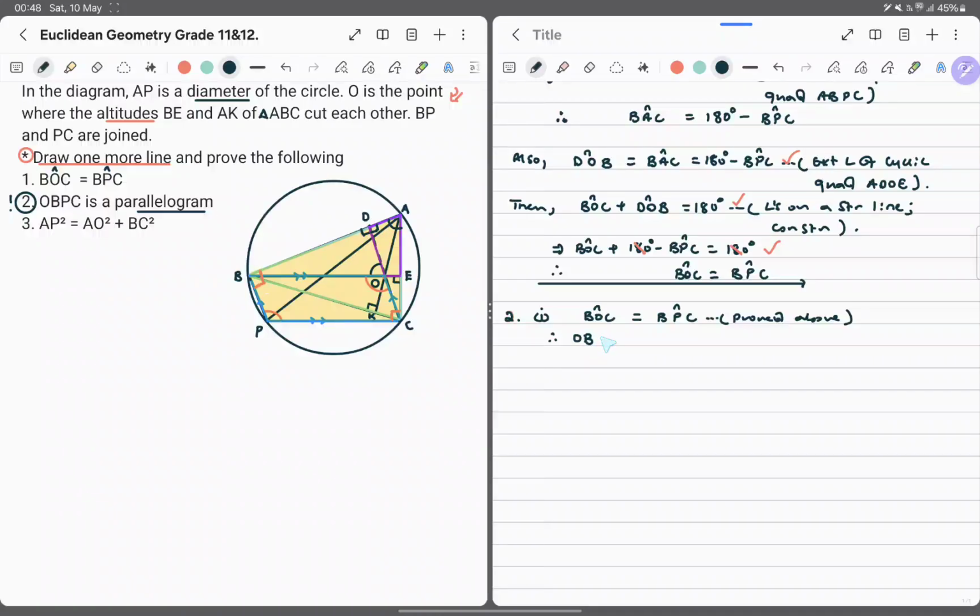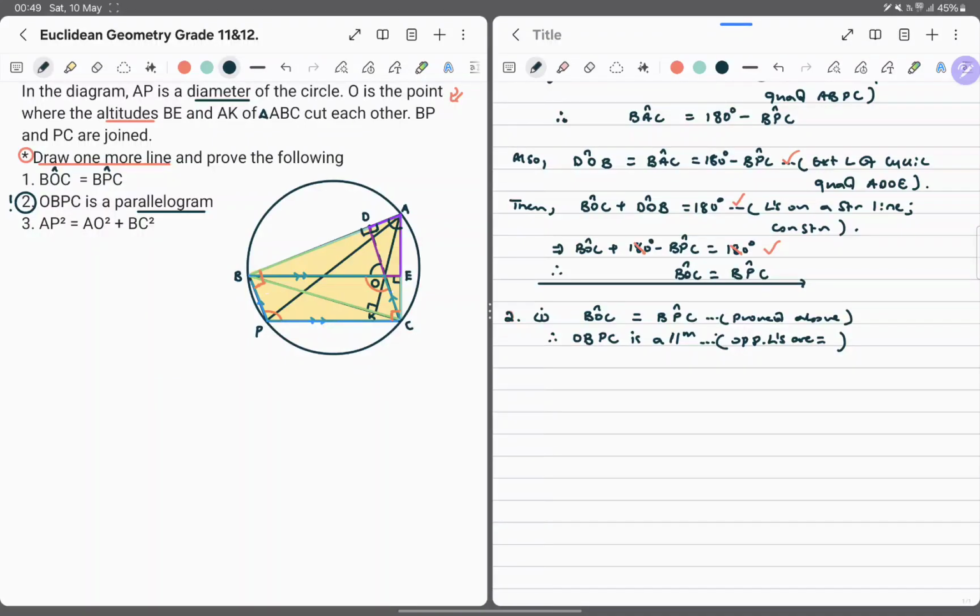Therefore, OBPC is a parallelogram. Why? The opposite angles are equal.